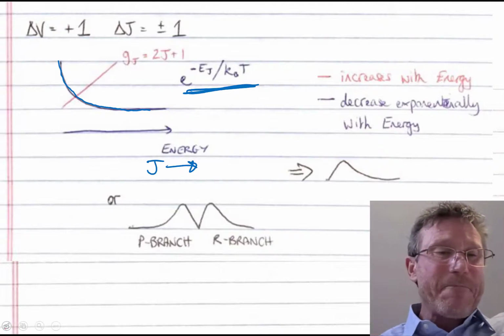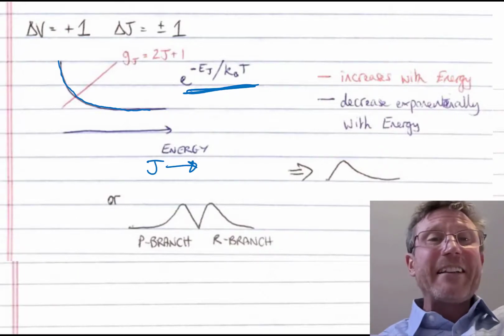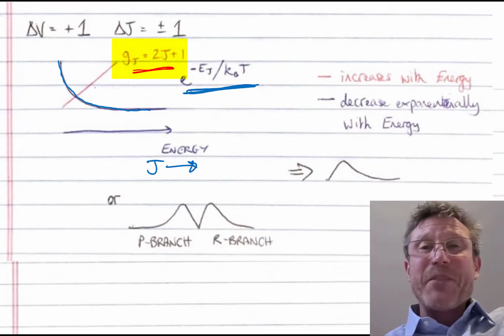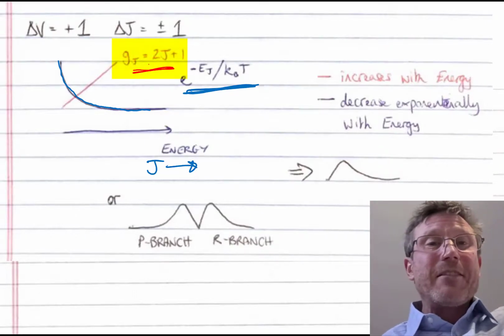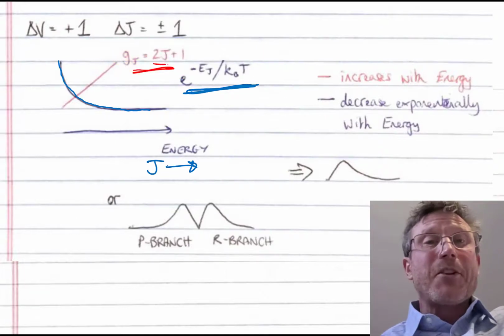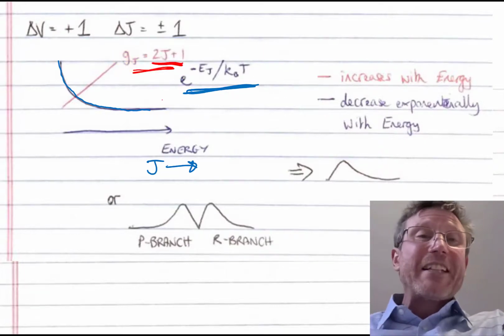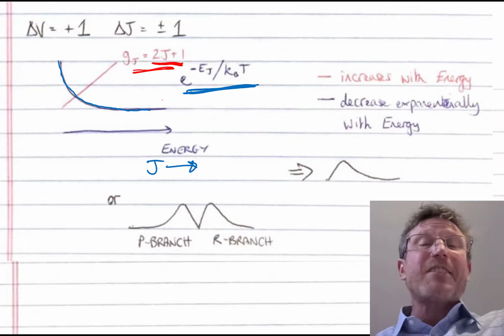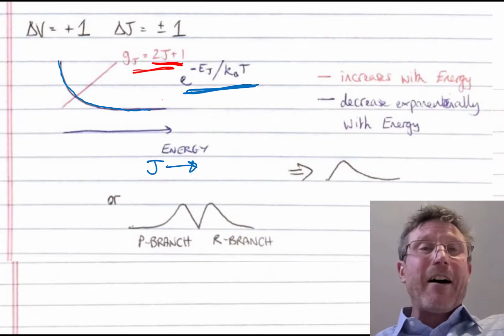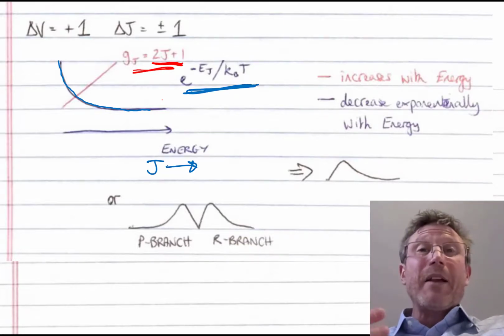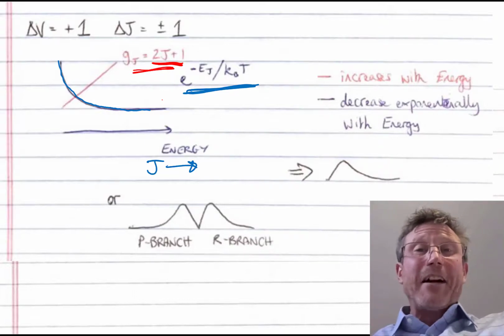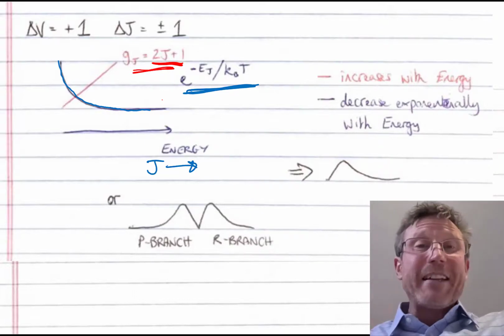However, at the same time, because of our degeneracy, remember the g_J term is equal to 2J plus 1. So it's linear. As J increases, we're going to have a higher degeneracy. There's going to be more levels to populate. And so these two things go hand in hand.